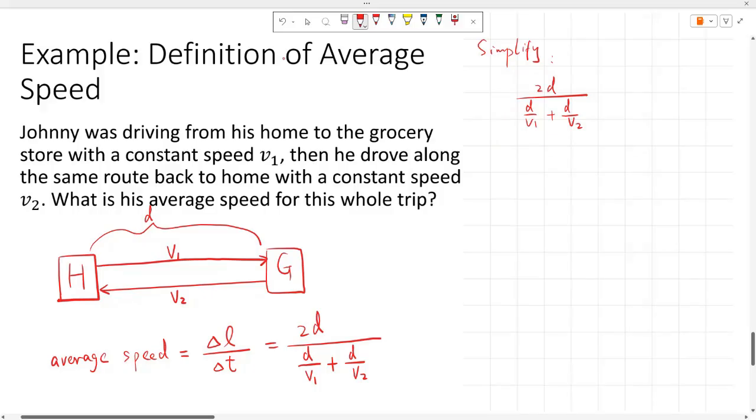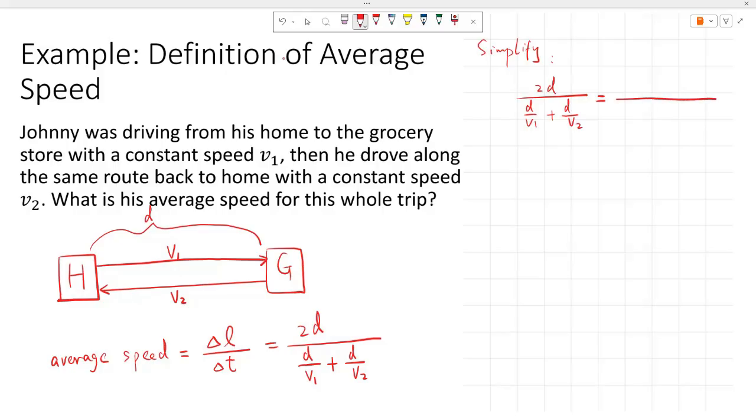So how about we first focus on the denominators? We have two fractions in the denominator, so how about we add them up? Well, the problem is the denominators v1 and v2 are not necessarily the same, right? So the question is, how do we add up two fractions with different denominators? Yes, we can do a common denominator.